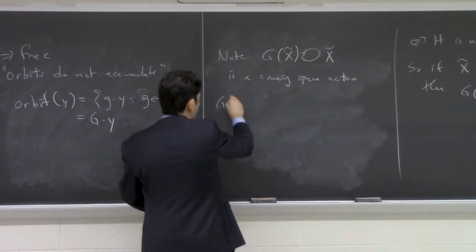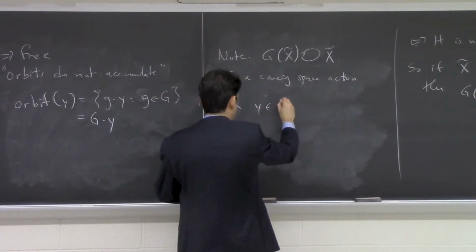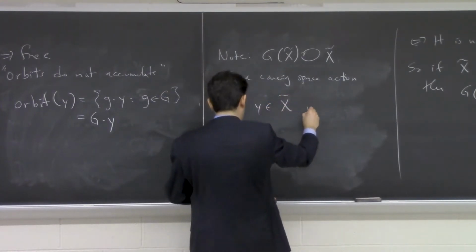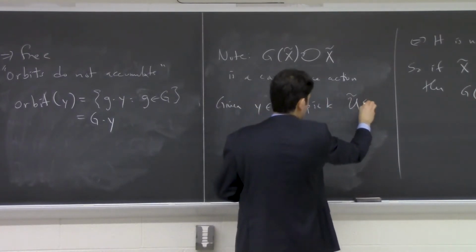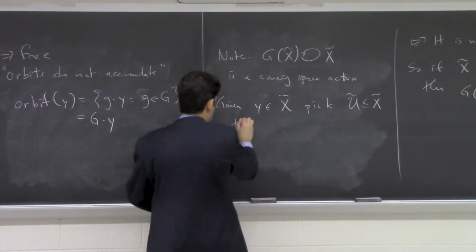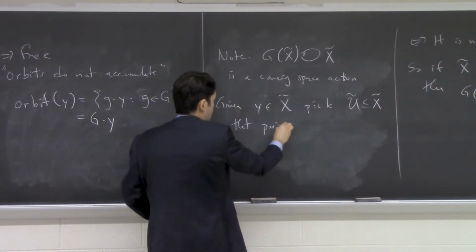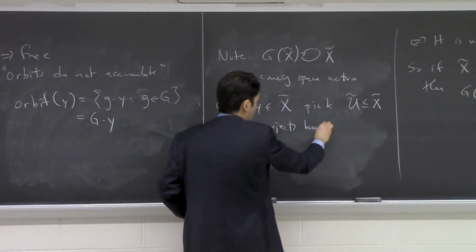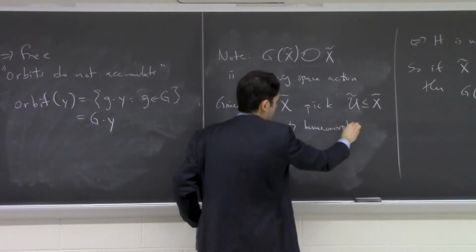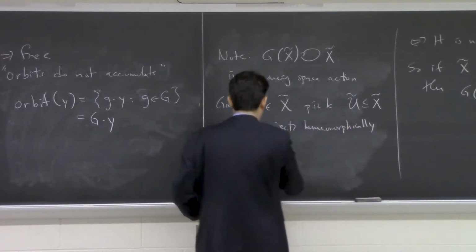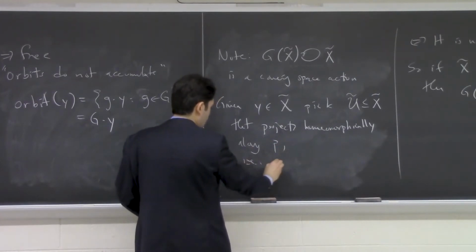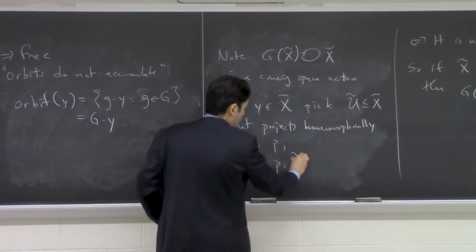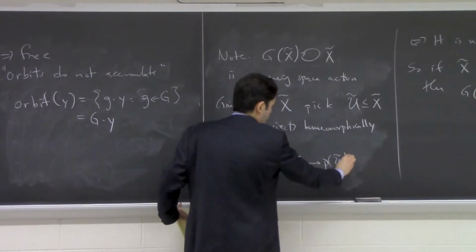As you'd expect, all you do is, given a point in x tilde, pick a neighborhood u tilde that projects homeomorphically along P, i.e. P from u tilde to P of u tilde is a homeomorphism.